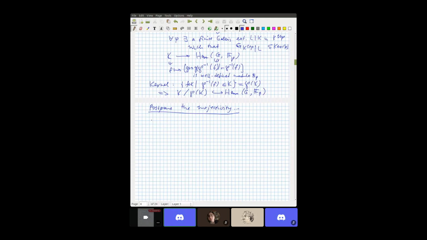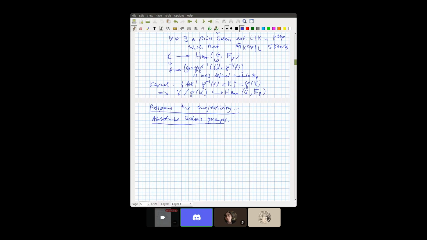So, absolute Galois groups. You definitely know that some Galois groups need not be too huge. For instance, you probably know that the Galois group of the complex numbers over the real numbers is not that big. It is simply the group of two elements.